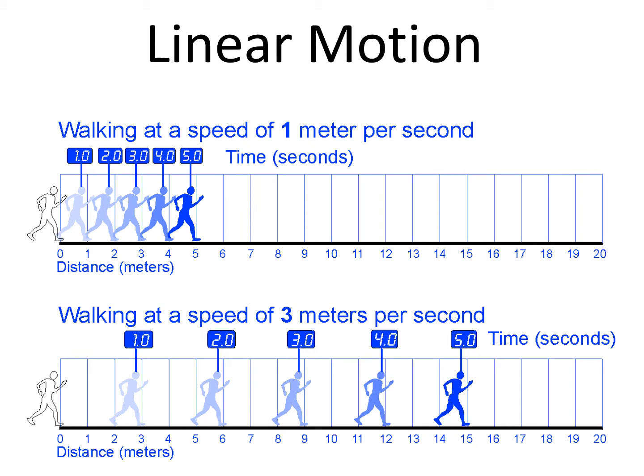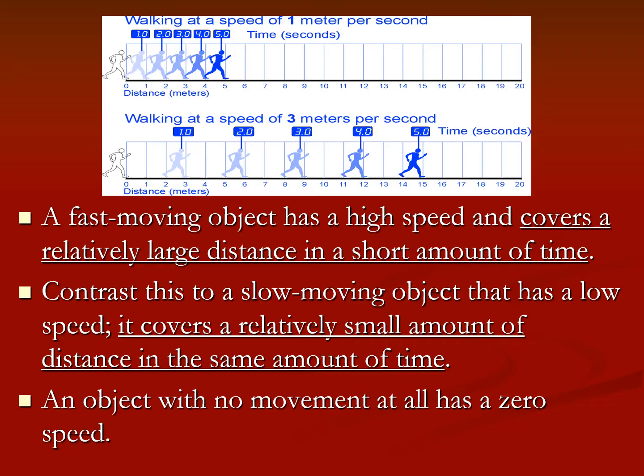So for example here, let's say you have a person walking 1 meter per second. So every second they walk 1 meter. So they cover 5 meters in 5 seconds. Person B here down in the second picture, well, they're walking 3 meters per second. So every second they cover 3 meters. So what can you tell me about the speed of each person?